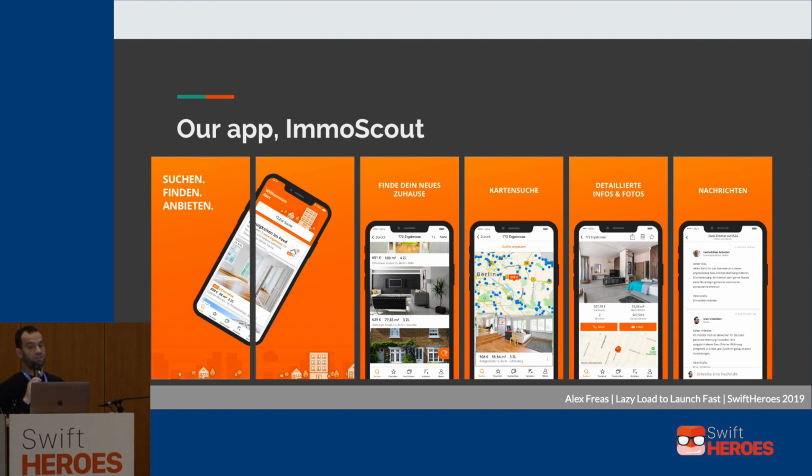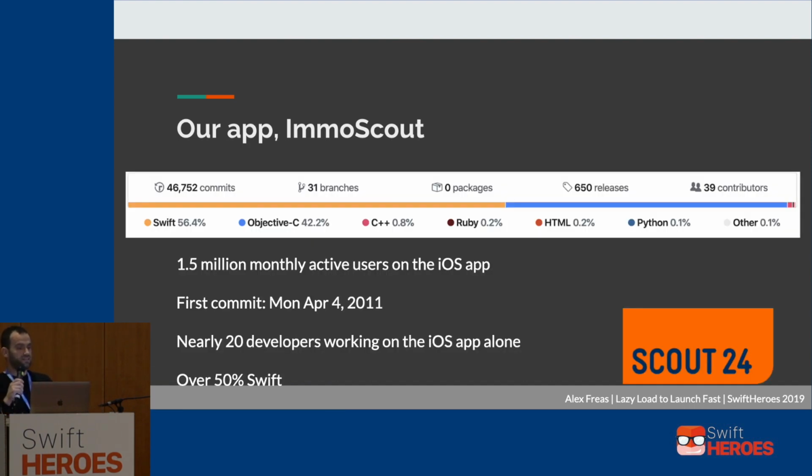So let me give you an example of our app, ImmoScout. This is a real estate portal that is servicing mostly Germany, and it's where users can find apartments to rent and buy, properties, along with a whole bunch of other services. This is really well used in Germany.